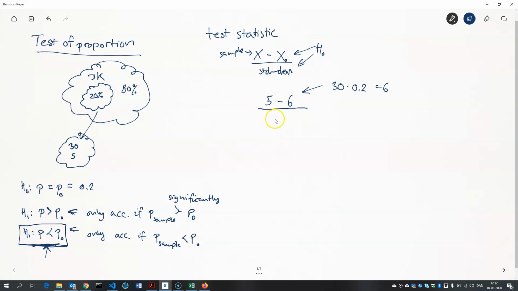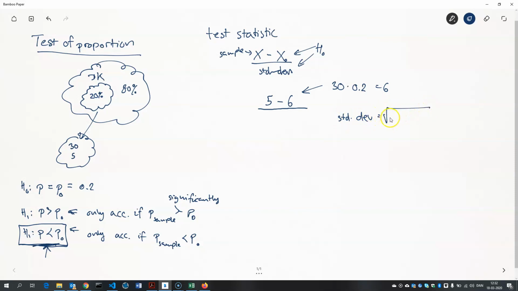And the standard deviation, well, this is a binomial experiment. Either you get a success or a failure. And we know what the chance of success is. According to the null hypothesis, it's 20%. So the standard deviation of such an experiment, we know it from probability.